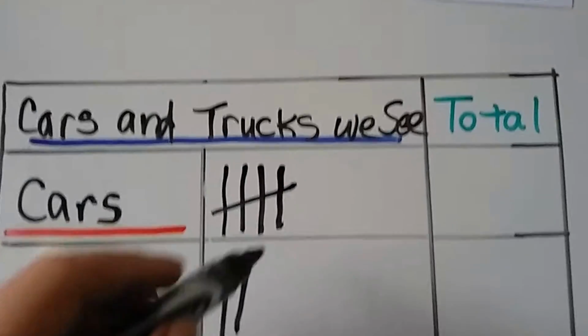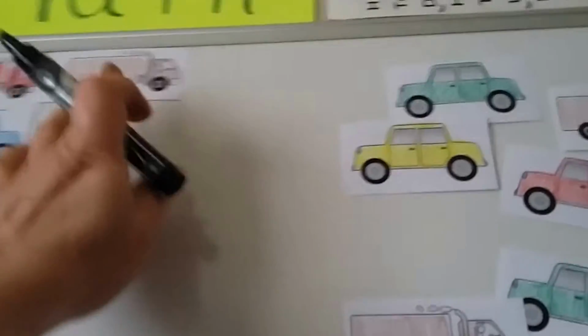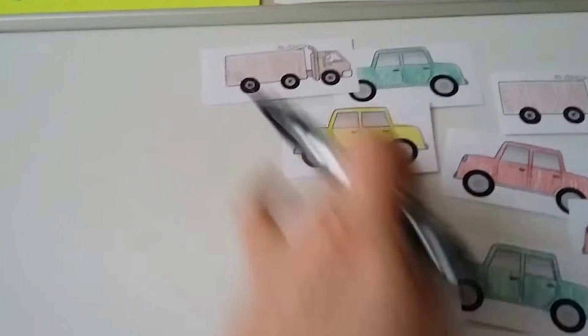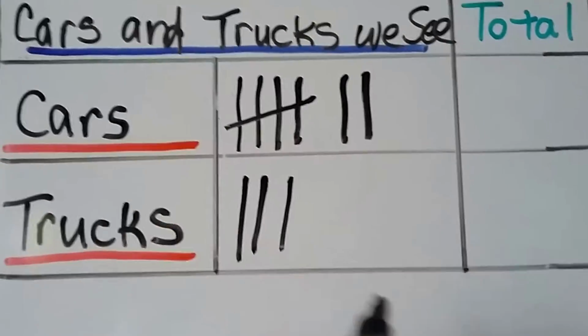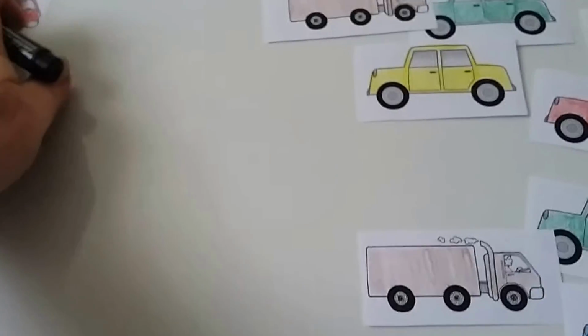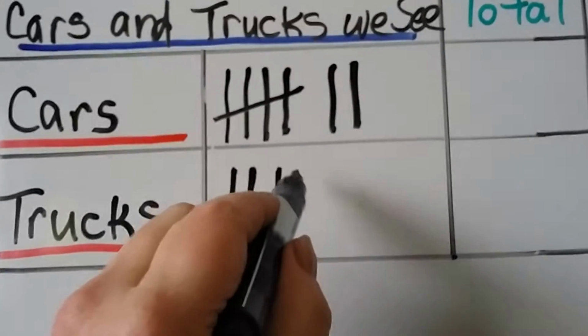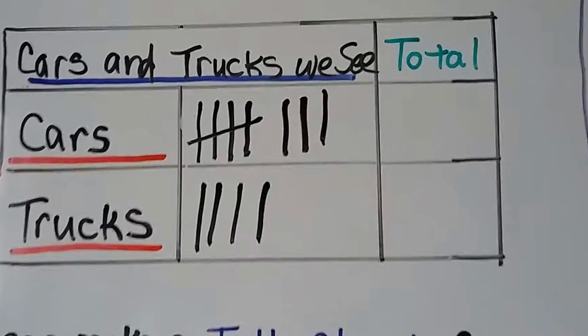So we can put 2 more tally marks. And then we see another truck. He drives by us. And then we see a truck and then a car. They drive by us. 1 truck, 1 car. 1 truck, 1 car. Now we can total them.